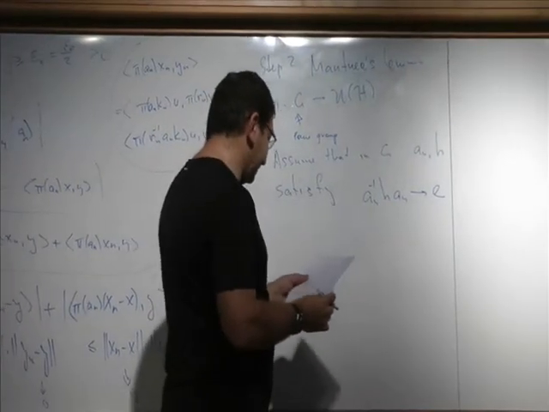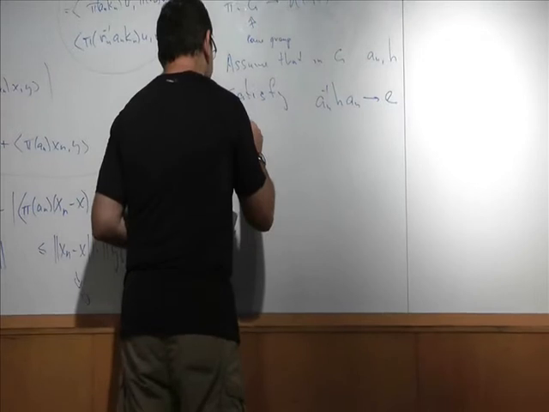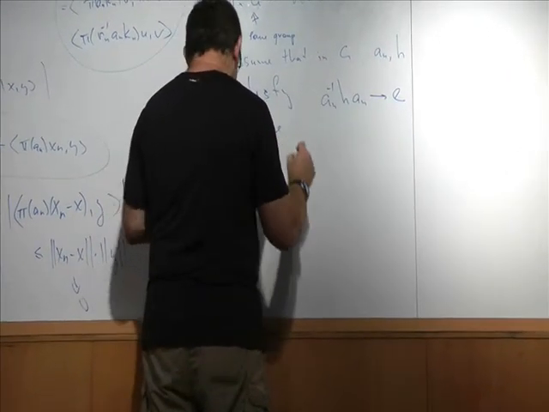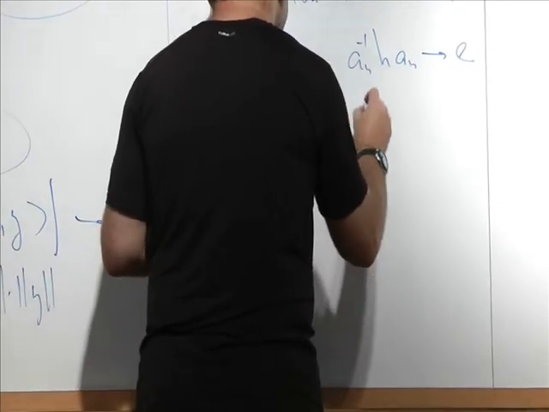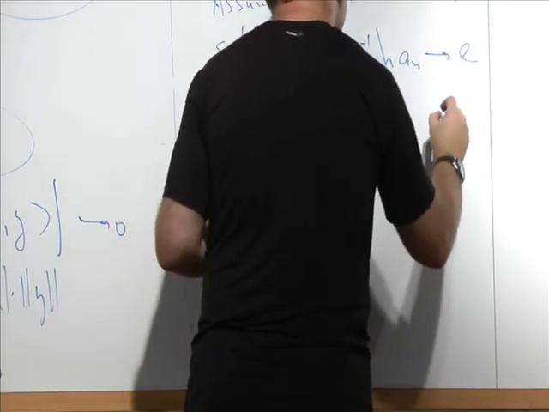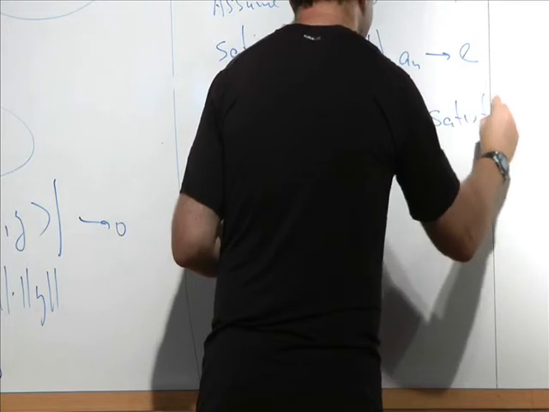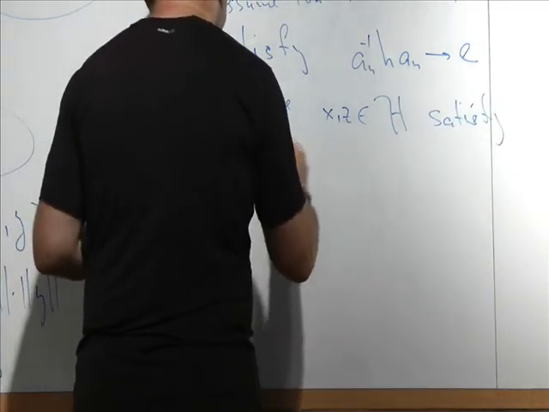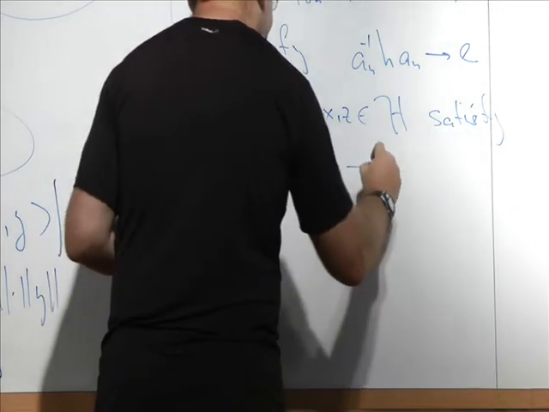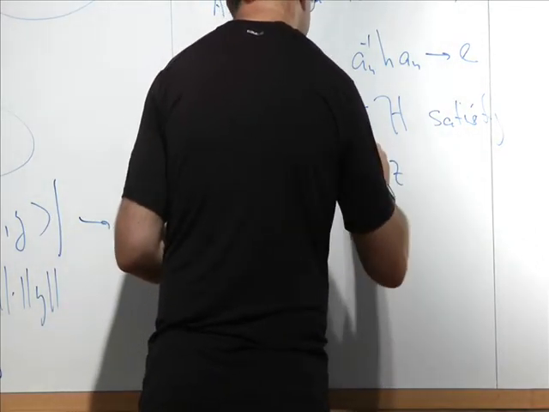And now, what is the theorem? Suppose that you have vectors x and z in your Hilbert space, and they satisfy that pi an of x converges to z weakly.